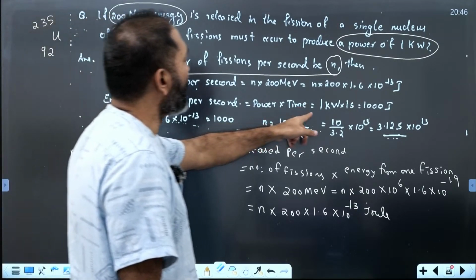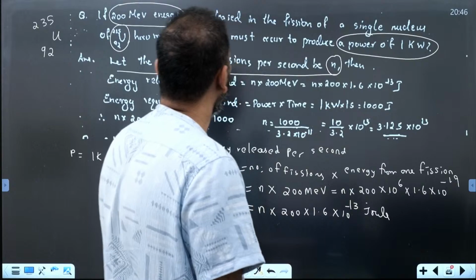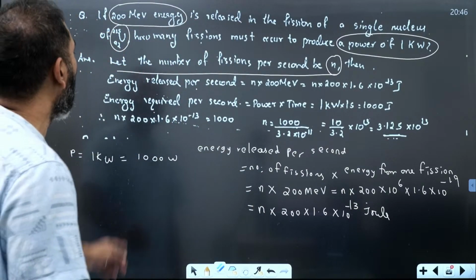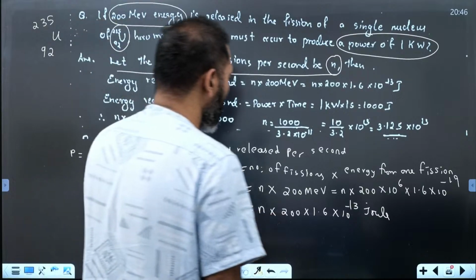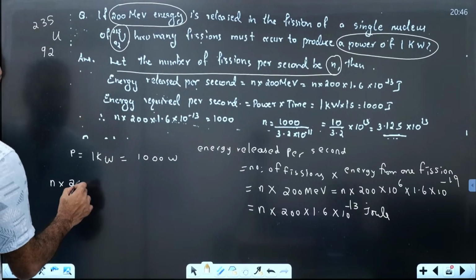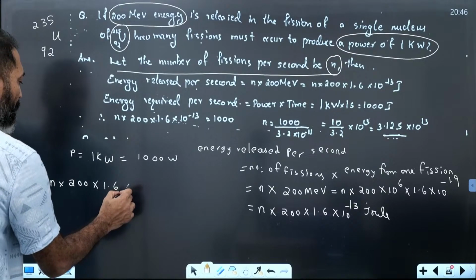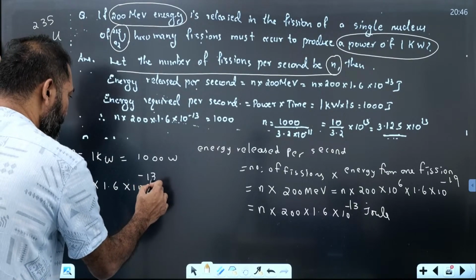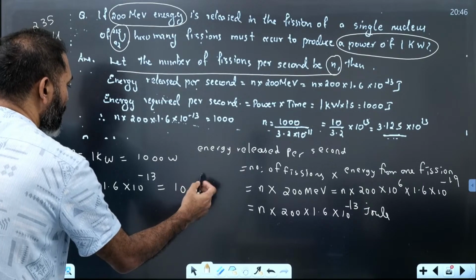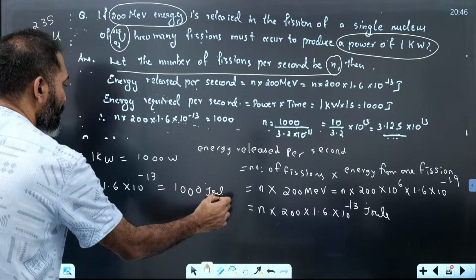So power is 1 kilowatt, time is 1 second, and that is equal to 1000 joule. So n into 200 into 1.6 into 10 raised to minus 13 should give 1000 joule. Not power, energy. 1000 joule.